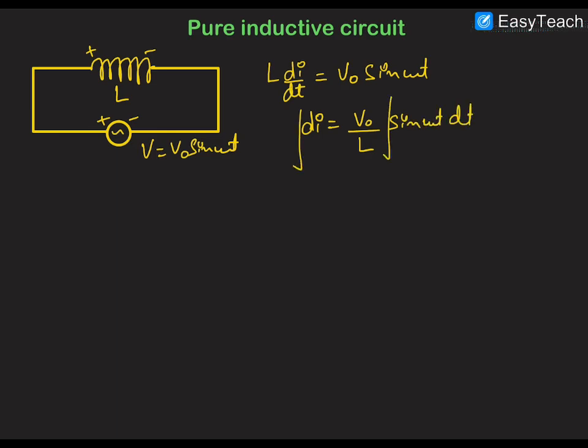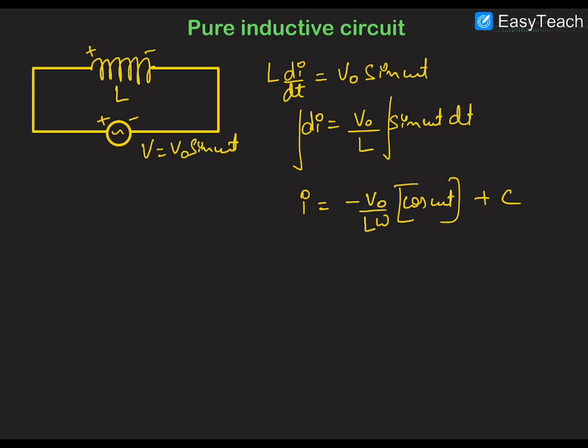Now integrating both the sides, and we are not putting the limits, we are doing an indefinite integration. So I will be equal to minus V naught by L omega cos omega t plus C, where C is the constant of indefinite integration.